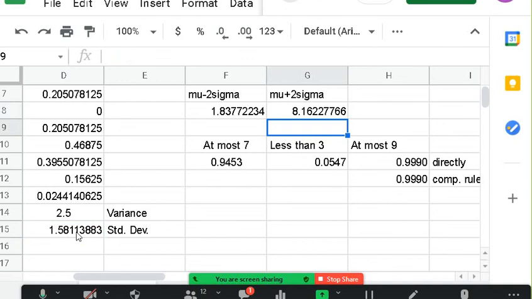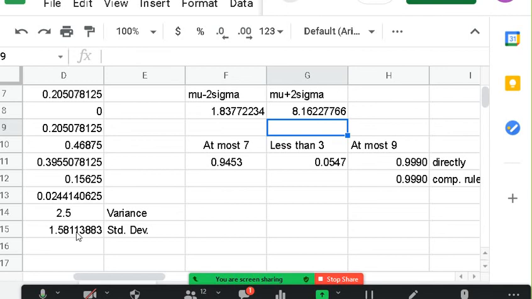So given this, what values would be unusual? If you were looking at 10 babies in a hospital, look at the number of girls, what values would be unusual? Would 2 be an unusual value? Not 2. What about 1? What about 0? 1 and 0 would both be unusual.